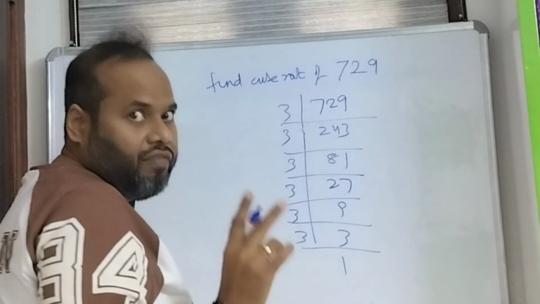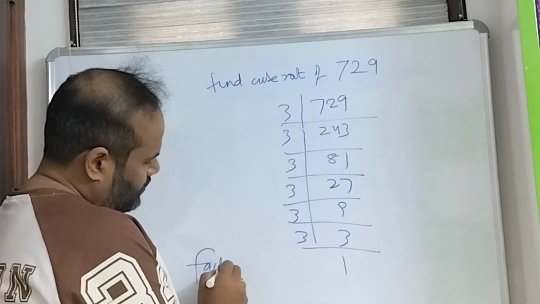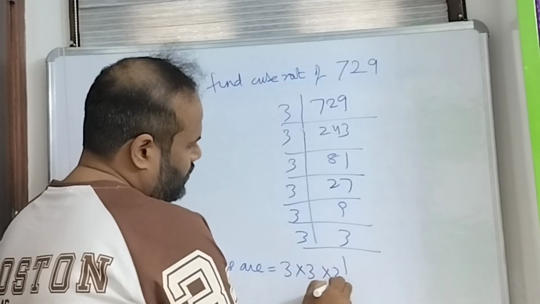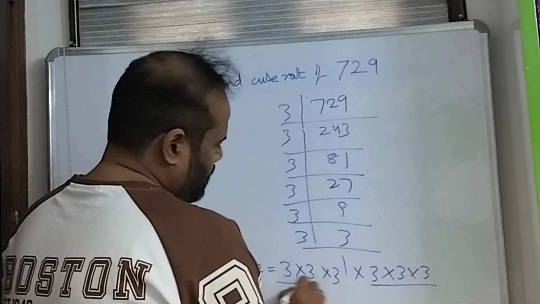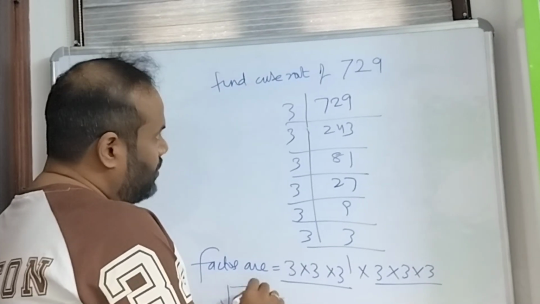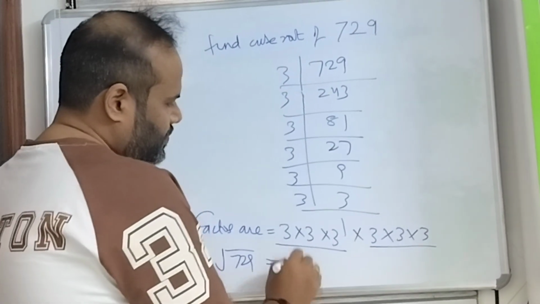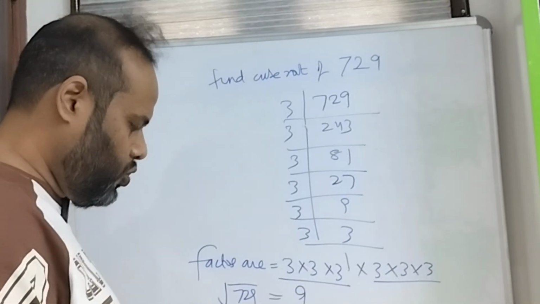Now here we have to do pairing in 3s. So the factors are laid out, and the cube root of 729 is what? 9. This is how you calculate cube roots.